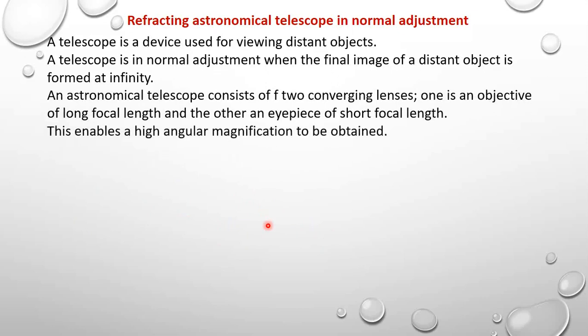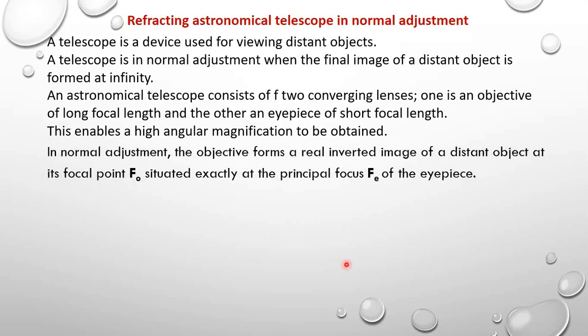In normal adjustment, the objective forms a real inverted image of a distant object at its focal point, or at its principal focus f0, which is situated exactly at the principal focus of the eyepiece, as we are going to be seeing.